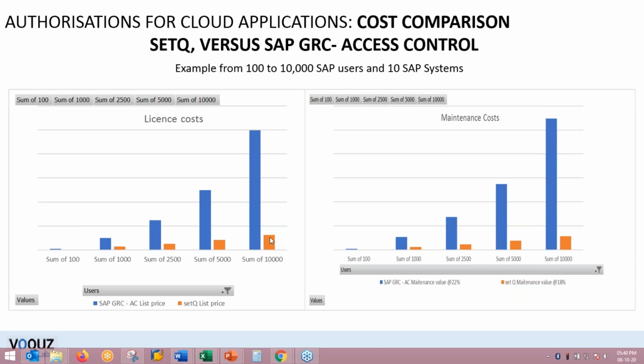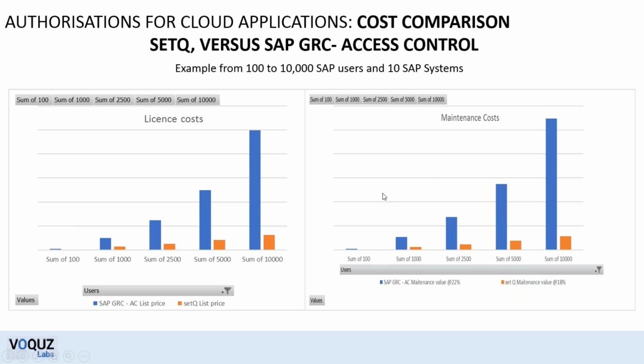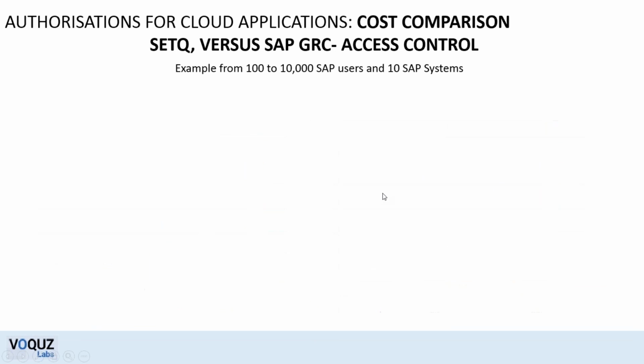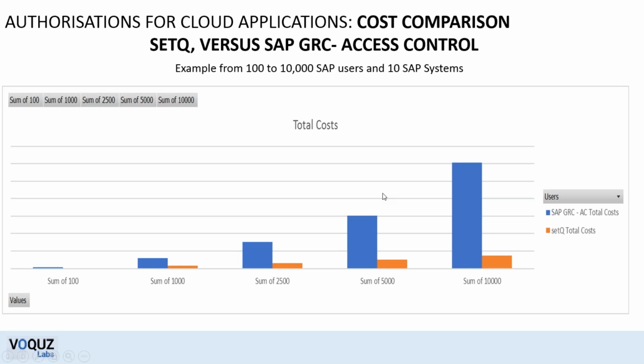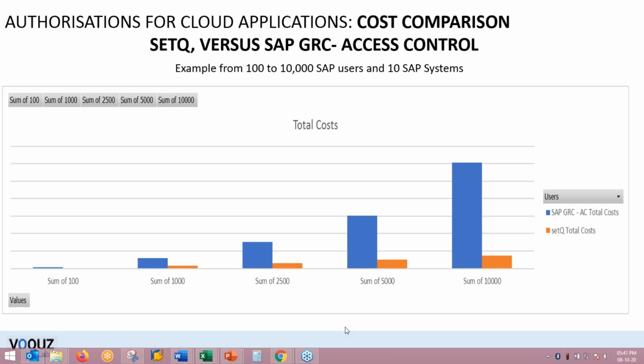So you need to be aware that as your list price goes up, you're going to pay additional maintenance costs as well. And overall, when you look at the total cost, in a combination of both your license cost and your maintenance cost combined, you can see that the price indication is significantly different.